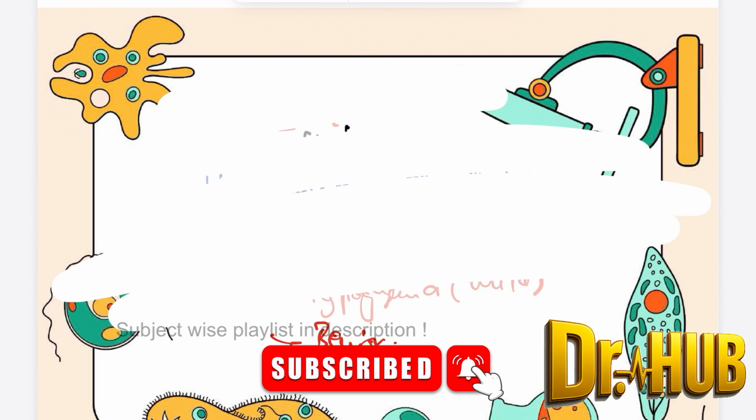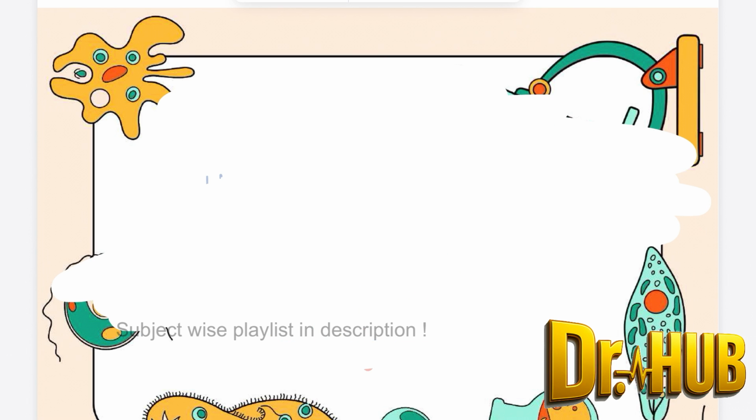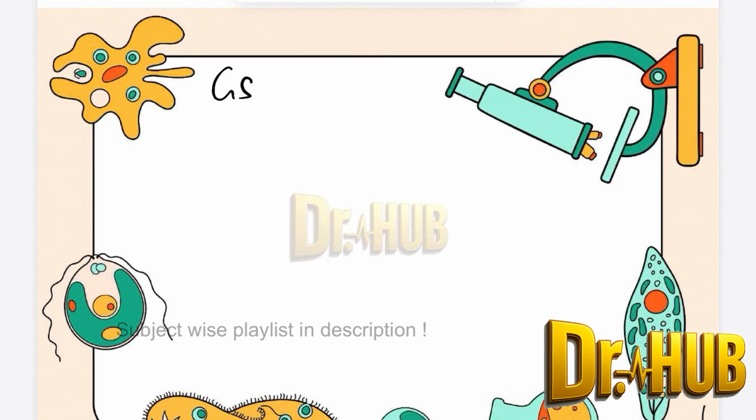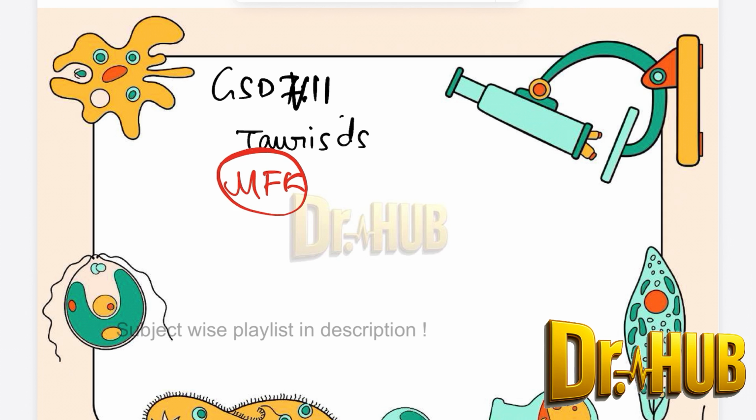Lastly, we move on to the seventh disease, GSD7, known as Tarui disease. This involves muscle phosphofructokinase (MFK), and again there are exercise-induced muscle cramps similar to McArdle disease.